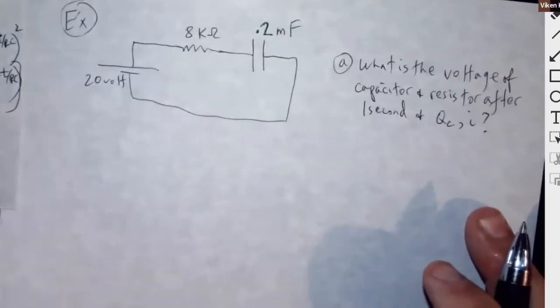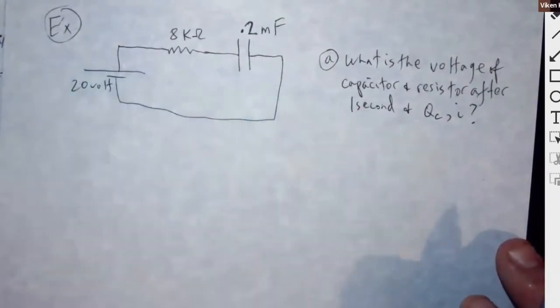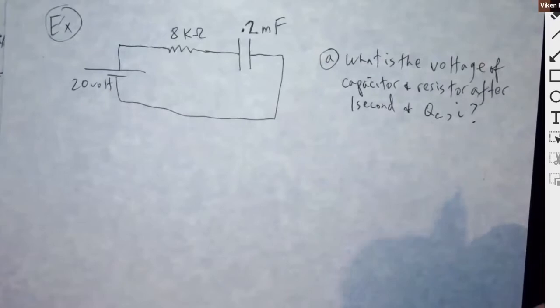Okay, so what's the voltage of the capacitor and the resistor after 1 second, and the charge stored in the capacitor and the current in the circuit after 1 second?